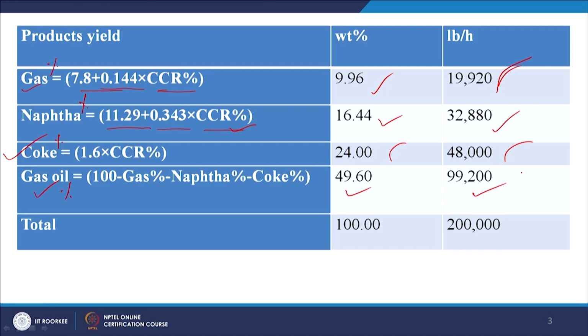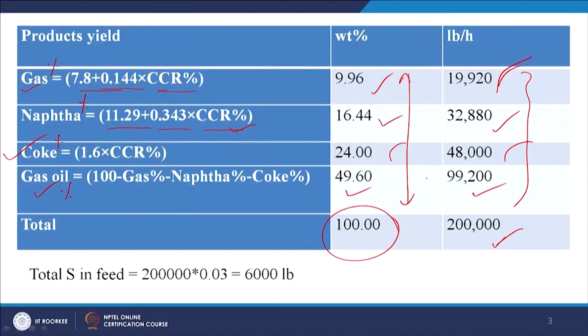So, by summing up, we are getting 100%, and this is our product distribution. This is the pattern of the distribution of the products, and the total amount of product formed is equal to 2 lakhs pound per hour, and this is on mass basis. Then we have to find out sulfur in these products.